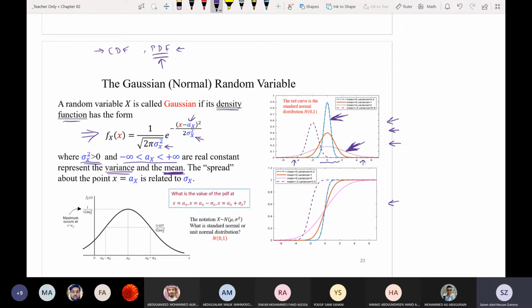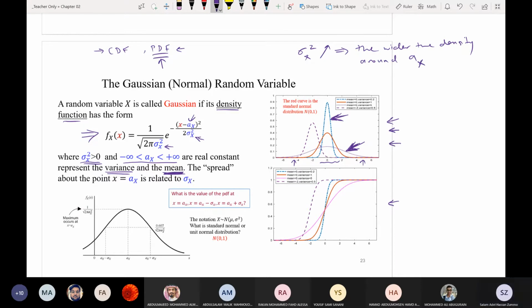So the larger the variance, the wider the density around AX. Okay, the larger, it means it's wider.